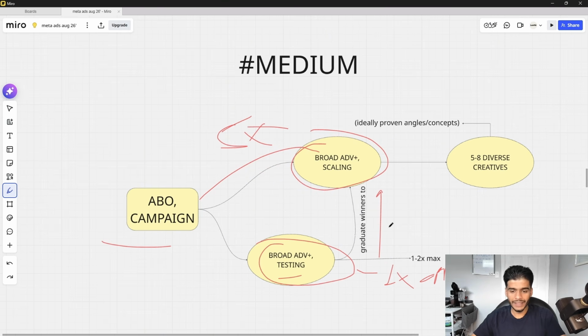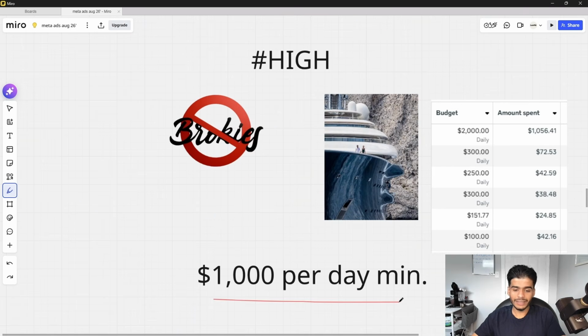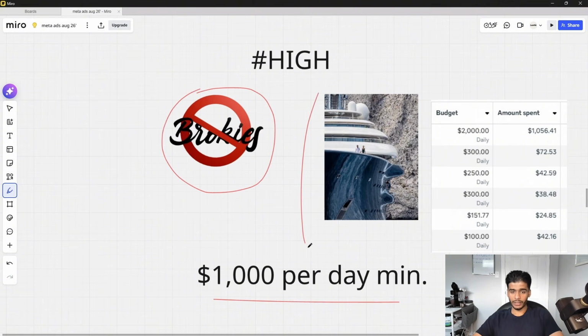Now for the big leagues, the highest regime where we are spending at least $1,000 a day, and you are not a broke, and you ideally wanna get to this point. I've just attached a random ad manager screenshot here from one of my clients. You can see the 2 grand daily on a single campaign.